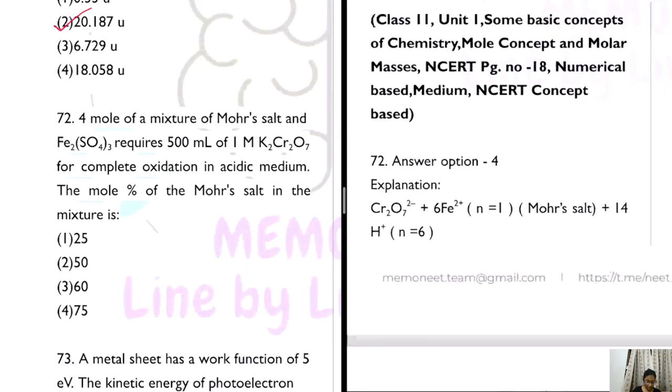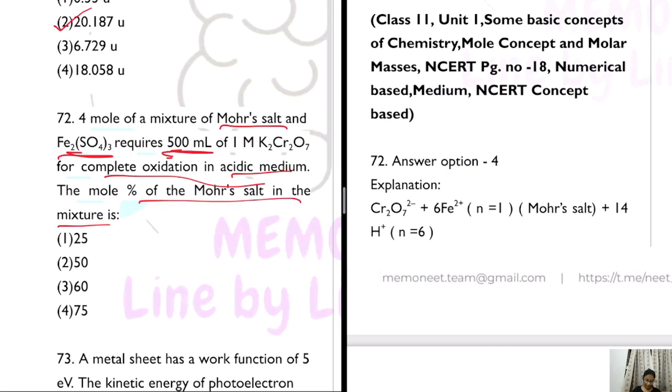4 mole of a mixture of Mohr salt requires 500 ml of 1 molar K2Cr2O7 for complete oxidation in acidic medium. The mole percent of Mohr salt in the mixture is? We have been asked the mole percent.